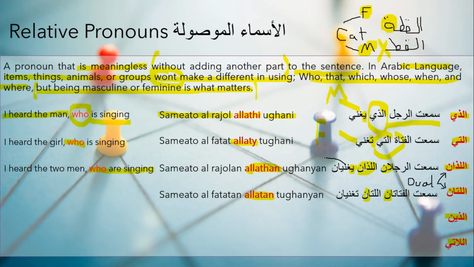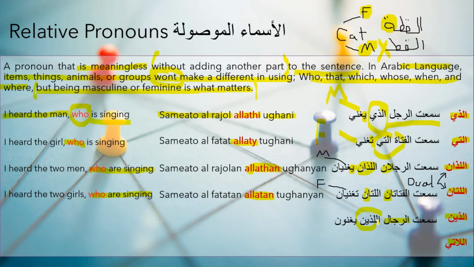Again, I said here that يغنيان is masculine, تغنيان is feminine. The verb starts with ya or ta. I hear the two girls who are singing.